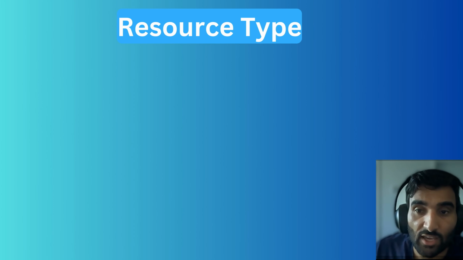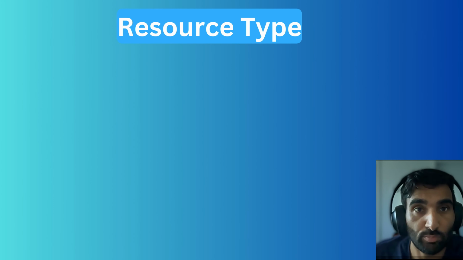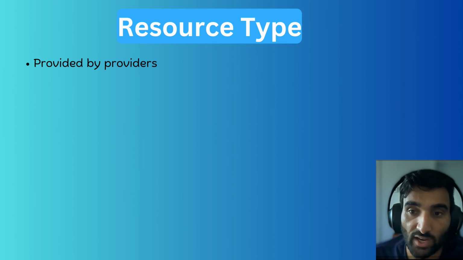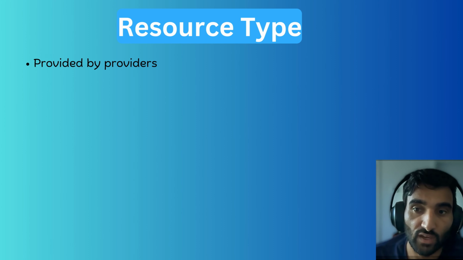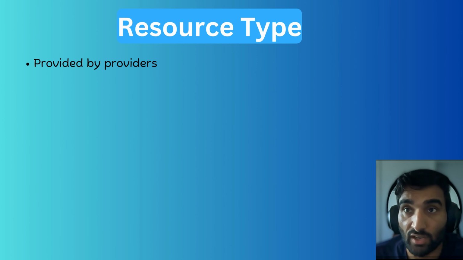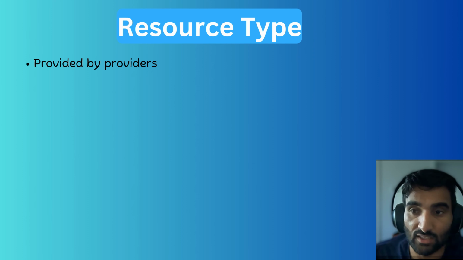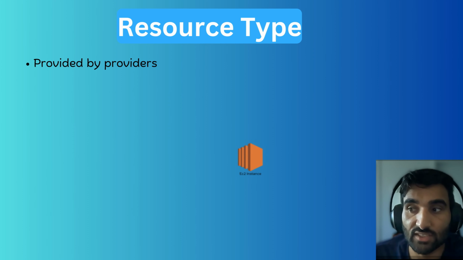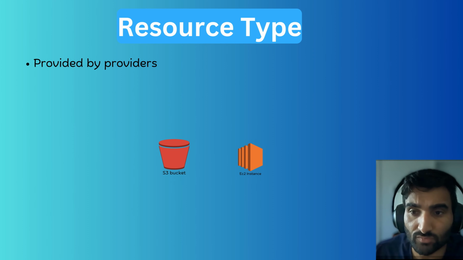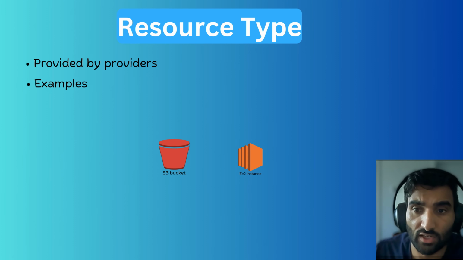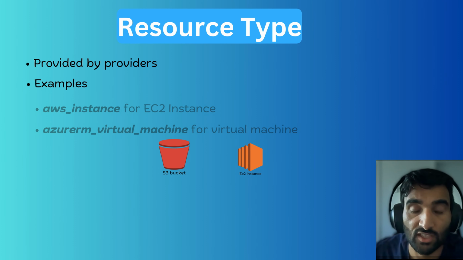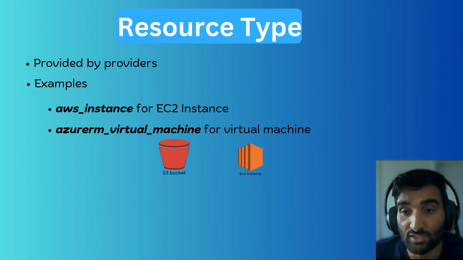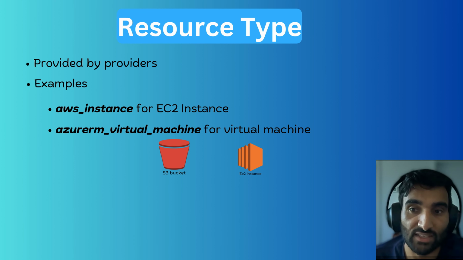The resource type is essentially a blueprint provided by a provider on how you could configure their infrastructure elements like an EC2 instance or S3 bucket. For example, if you are creating an EC2 instance, you would use aws_instance as the resource type.